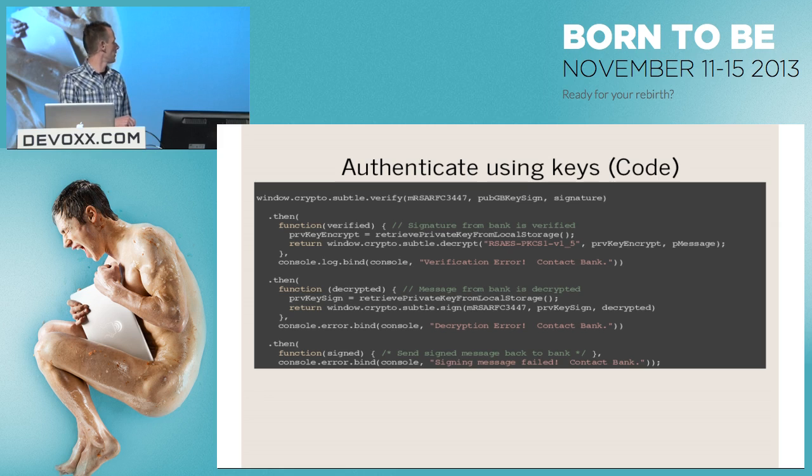We specify the dictionary specifying the algorithm to use to sign, and the hash function, provide our private key, and what we sign is the decrypted message. If that succeeds, then we can send back the signed message, and the bank can verify that it's actually John that's trying to connect and not somebody else.